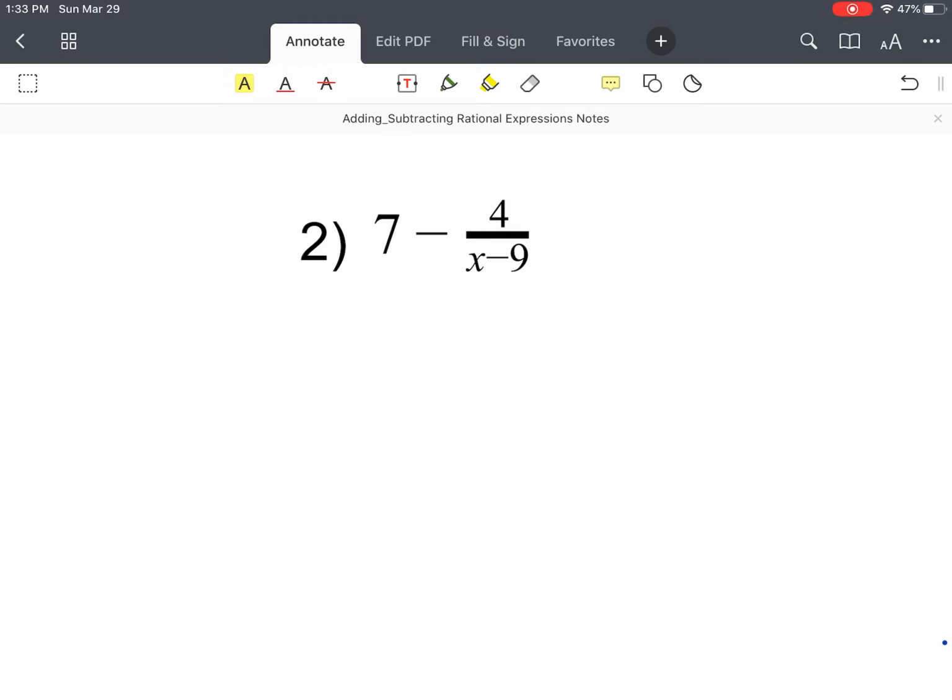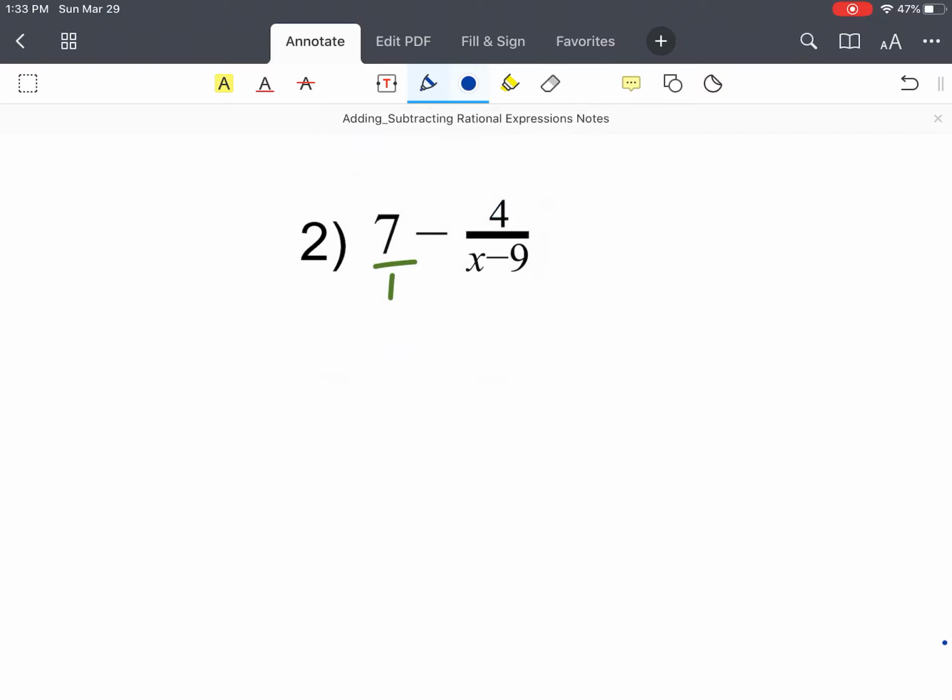All right, this one does not have a common denominator. Remember, what you can always do, if you're unsure of that first one, put it over 1. Okay? So our common denominator here, the easiest way to get that is to just multiply the two denominators together. So our common denominator is going to be x minus 9.